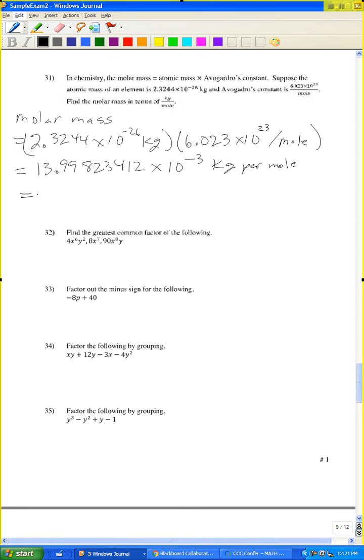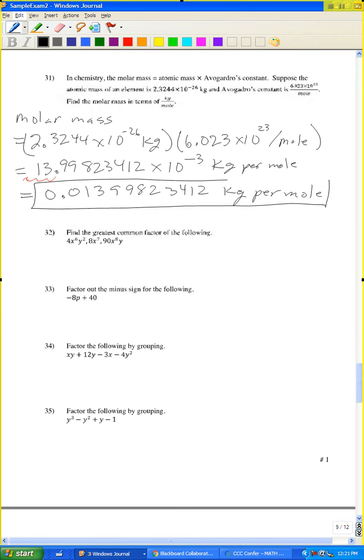And so move my decimal 3 over. And so you get 0.01399823412 kilograms per mole. And that's your answer.